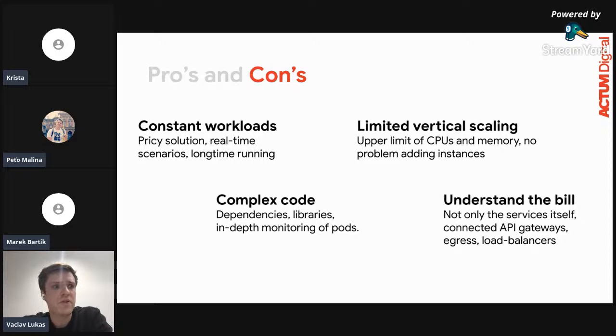For example, you have a use case and you see, okay, I can use 2 million invocations of a cloud function, and it's not going to cost me anything. Well, as I said, it's not only about the service itself. You have to pay attention to other connected services like load balancers, logs, APIs, and that might introduce some additional cost to your solution.